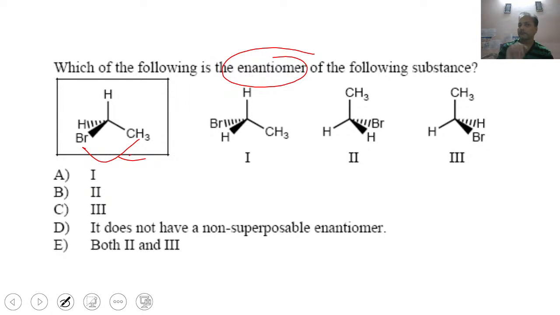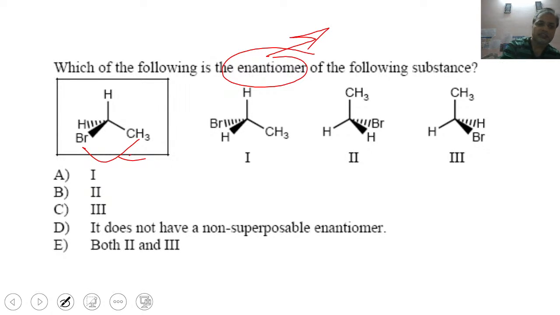Whenever you have any question on enantiomers and diastereomers, first look at the carbon: a minimum of one asymmetric carbon is required. If you have an asymmetric carbon, then only it will have enantiomers. Enantiomers are possible only when you have a minimum of one asymmetric carbon.